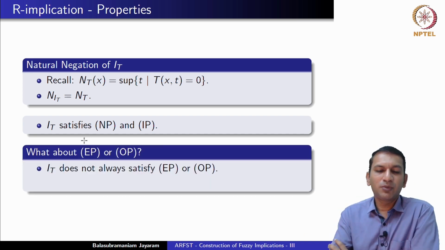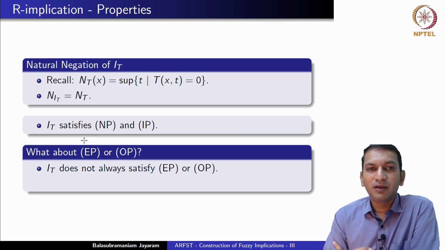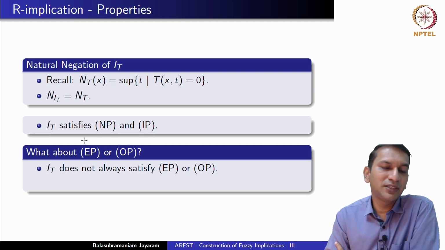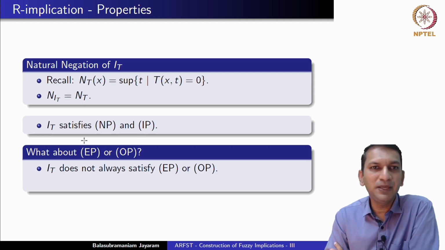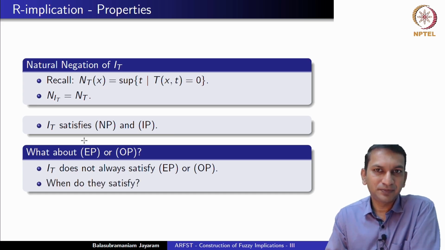The question is, what about the exchange principle or the ordering property? Well, not all R implications satisfy this. We have seen only the basic fuzzy implications, examples from basic fuzzy implications. Of course, all of them satisfy EP, but as you have seen, Weber does not satisfy OP. Now the question is, when do they satisfy this?